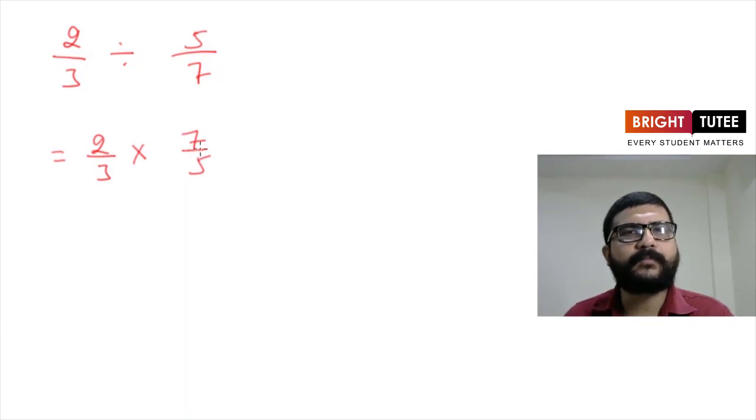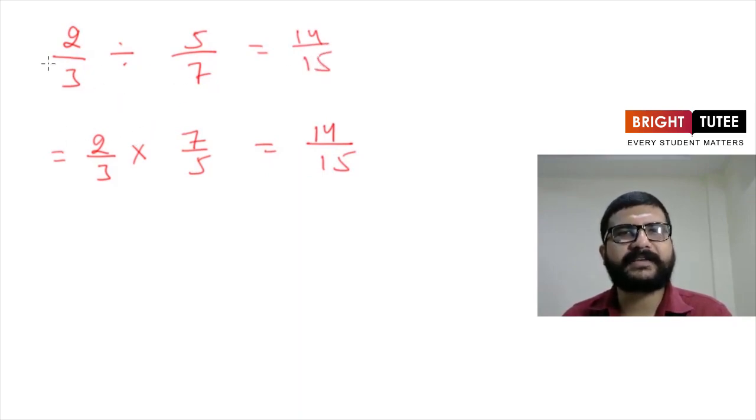And now we know how to multiply these two numbers. This is equal to 2 into 7, that is 14, upon 3 into 5, that is 15. So therefore 2 upon 3 divided by 5 upon 7 is equal to 14 upon 15. So this is how we divided two fractions.